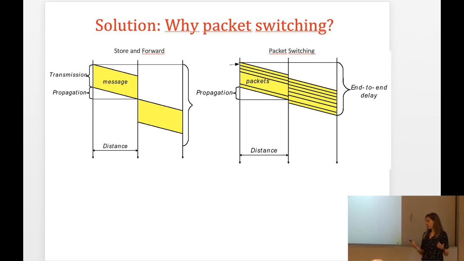And once you are the intermediate system, you have to wait for the entire message to arrive before deciding what to do, to forward it. And it takes quite some time. Whereas with packet switching, you receive a part of it and you can directly send that part to the endpoint. So in terms of memory, you don't need as much memory space all the time in the intermediate systems. And also it reduces the latency, the delay that it takes to send the overall message.